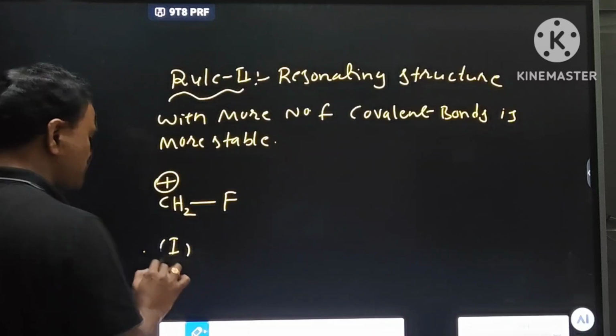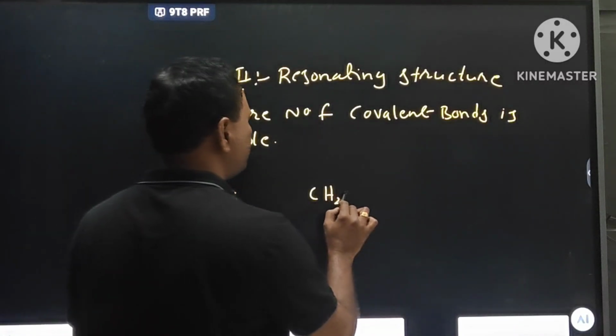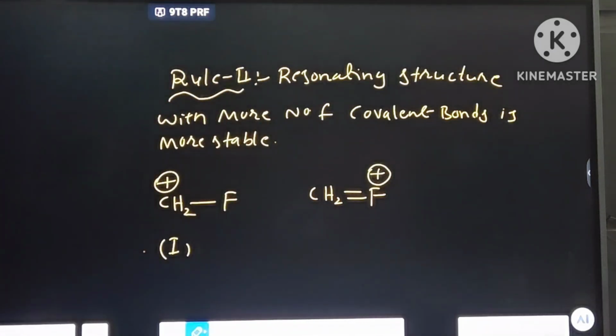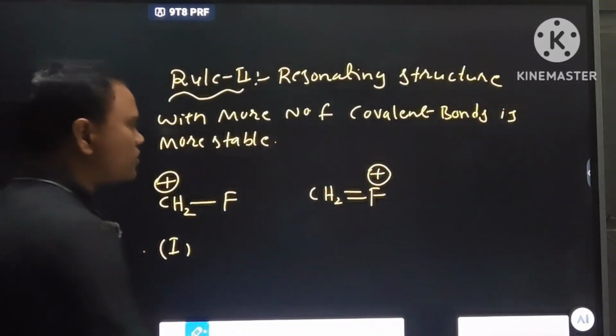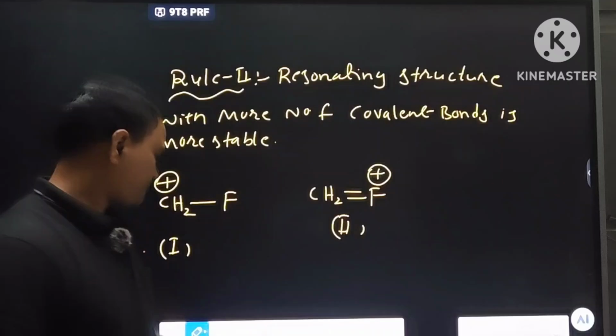This is one resonating structure. This is another resonating structure. Which is the more stable resonating structure? See, first count the covalent bonds. In the second one, how many covalent bonds are present?